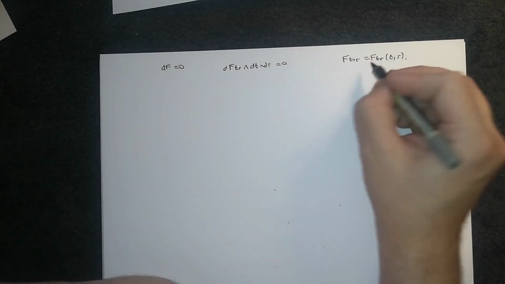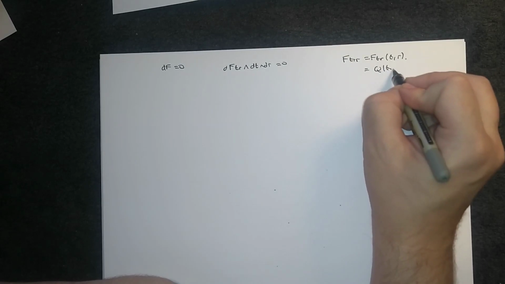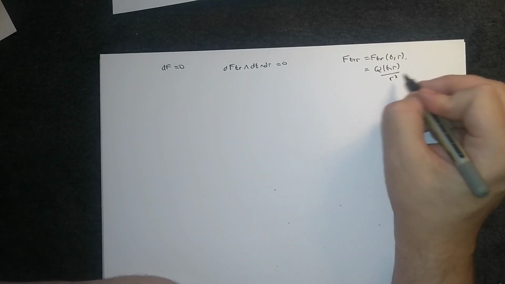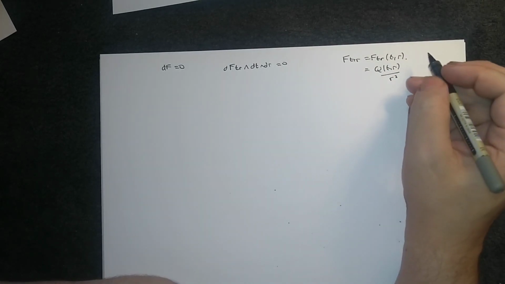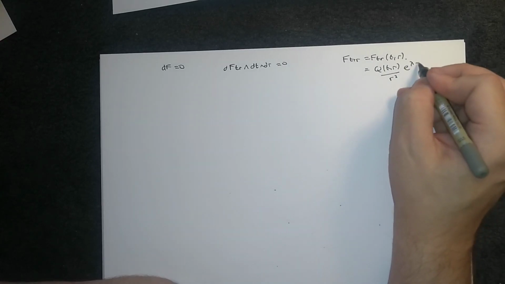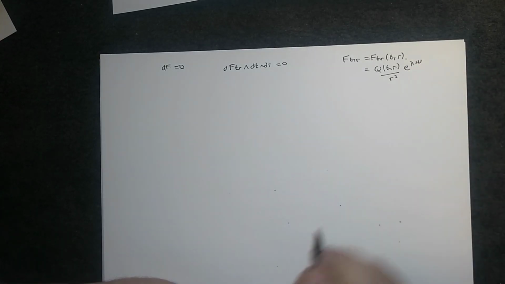So let's call that q of t and r over r squared, and have an e to the λ plus ν just because we can.